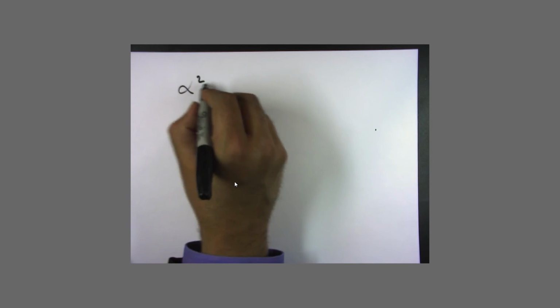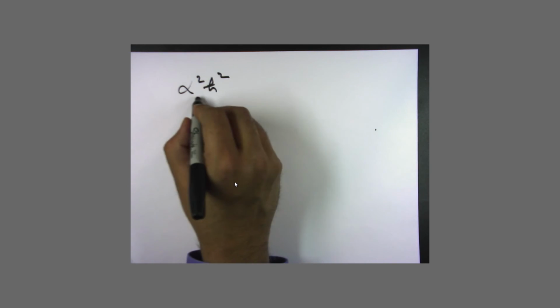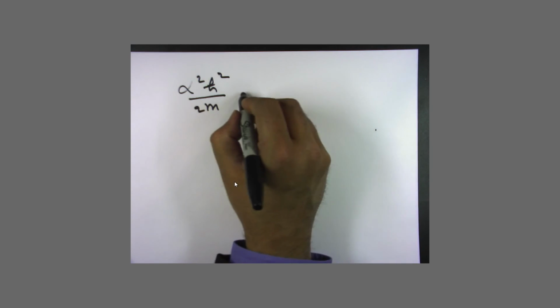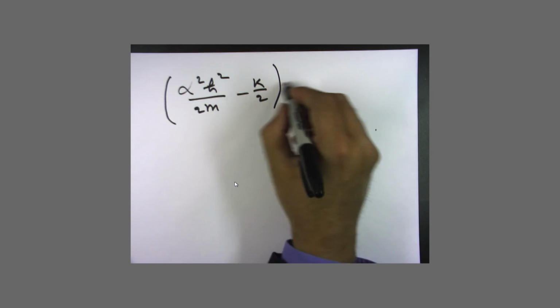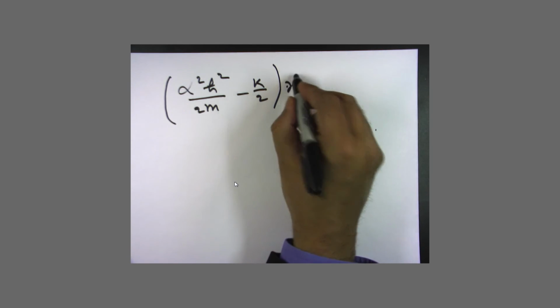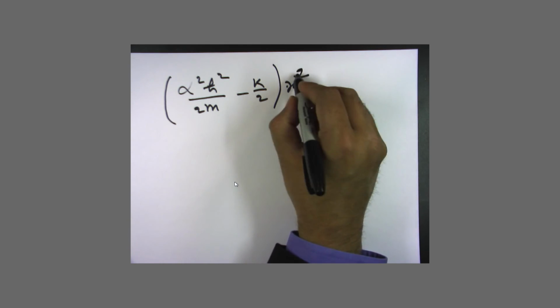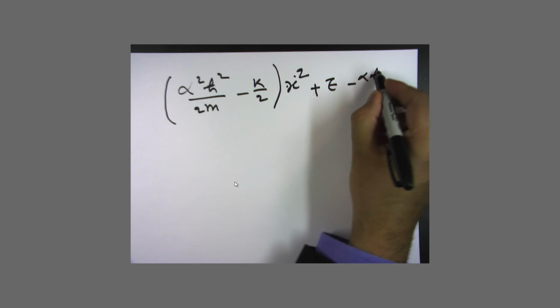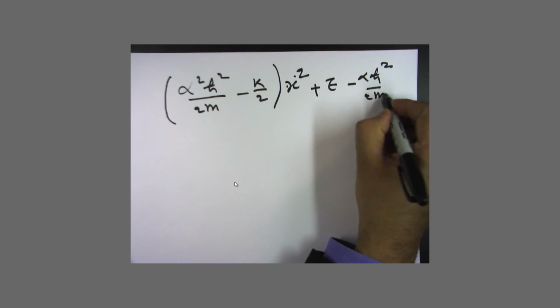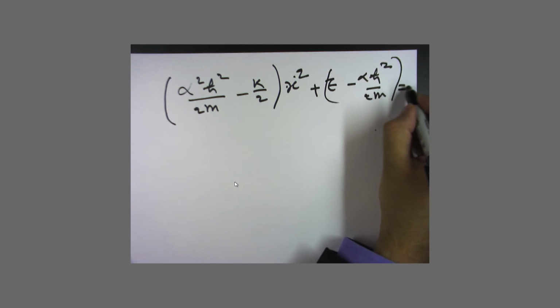So, if you look at here, now we get the equation alpha square h square over 2m minus k by 2 times x square plus e minus alpha h square by 2m is equal to 0.